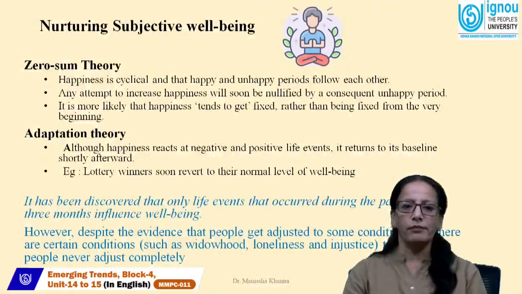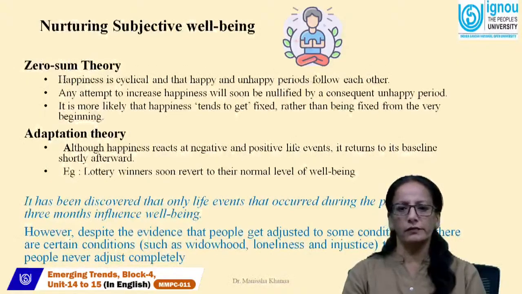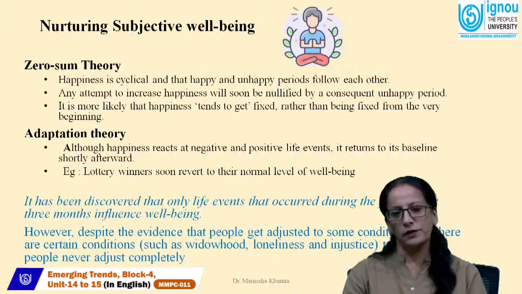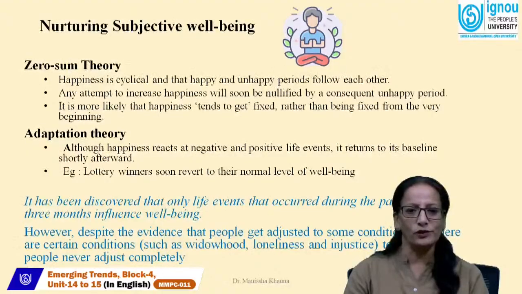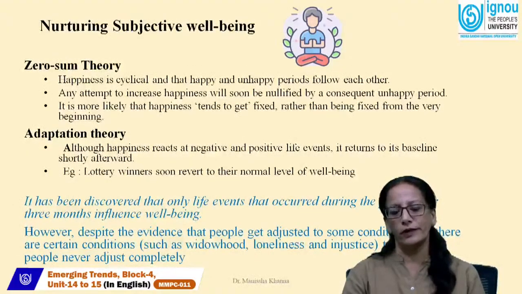Then there is adaptation theory. Although happiness reacts to negative and positive life events, it returns to its baseline shortly afterwards. It's seen, for example, that lottery winners soon revert to the normal level of well-being.